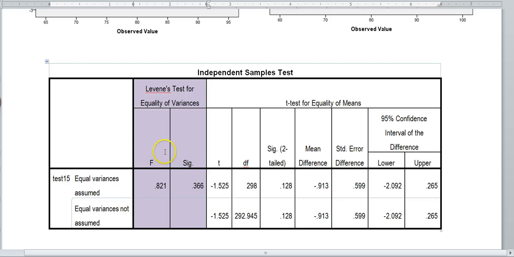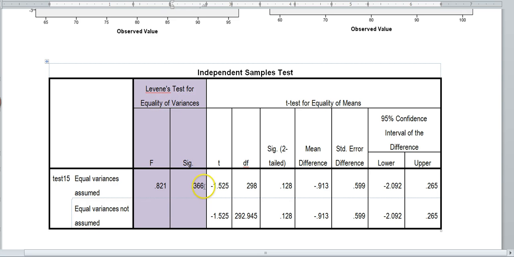So what Levene's does is there's a significance test, a hypothesis test, to see if they are indeed equal. And in this case, the significance level is not for the t-test, that's over here. The significance level is for the equality of variances.